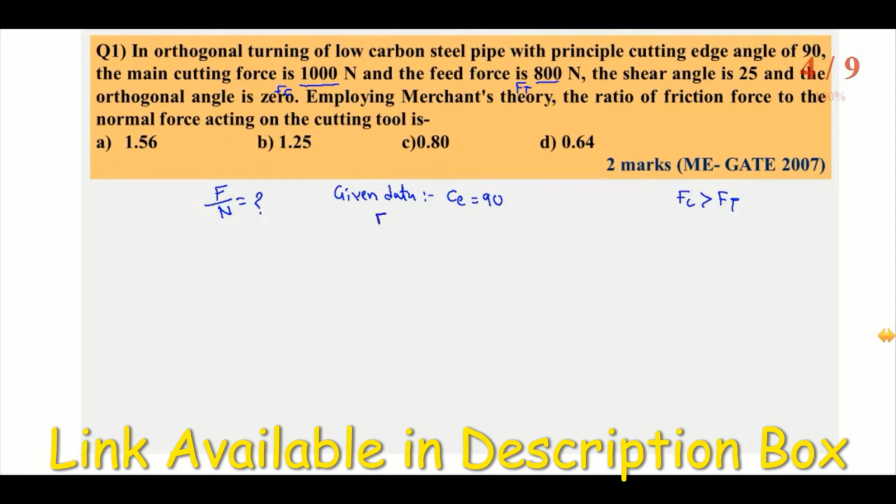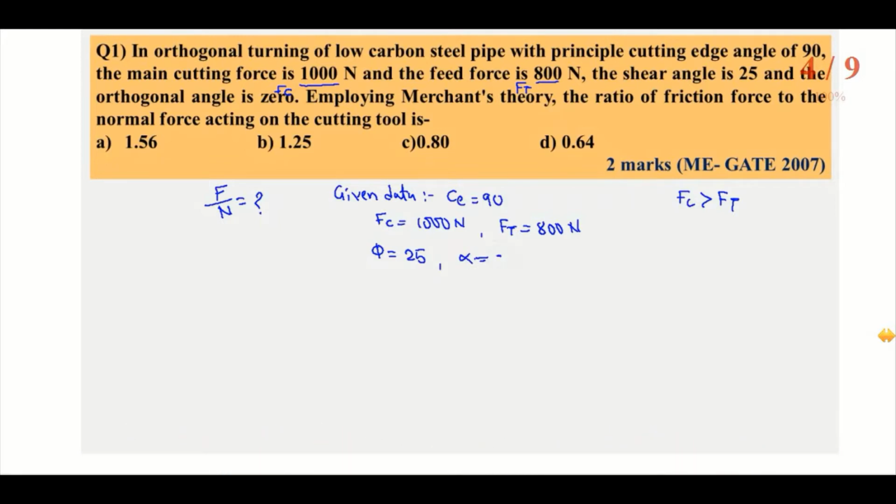So here the cutting force will be 1000 Newton and the thrust force, that is FT, will be 800 Newton. Along with that they have given the shear plane angle, phi equal to 25, and the orthogonal angle, that is the back rake angle, given as 0. The value is 0 degree.